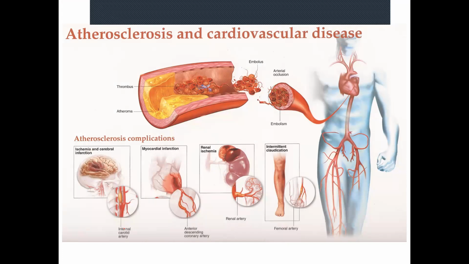And here you see, if we have this atherosclerotic atheroma in the internal carotid artery, it is a risk for ischemia or cerebral infarction, like this one. If it's located in the renal artery, it will be renal ischemia.